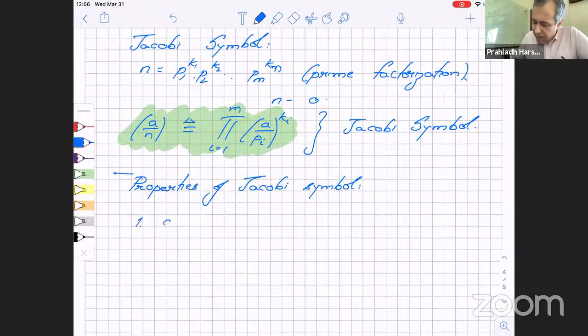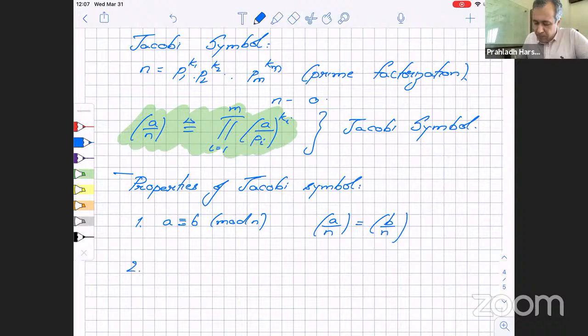One, if A is congruent to B mod n, then A by n is equal to B by n. This should be clear.